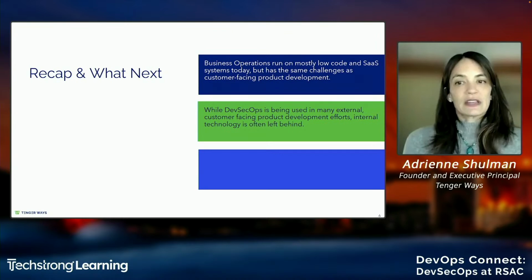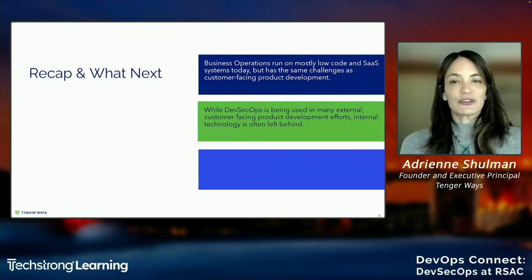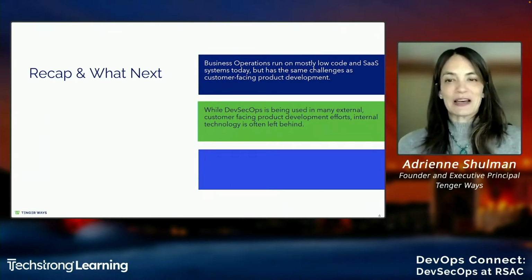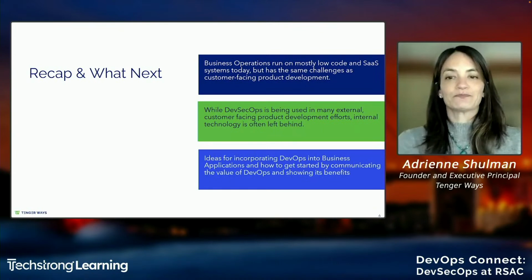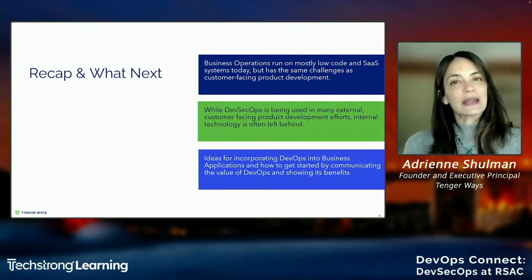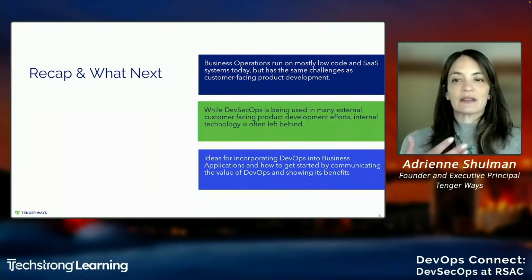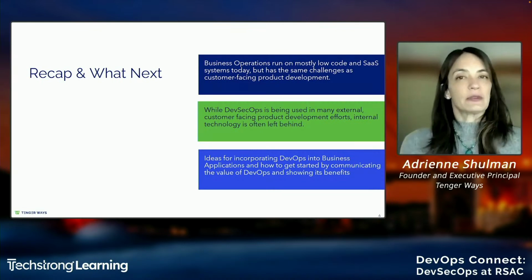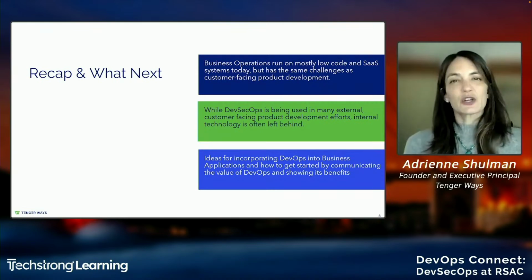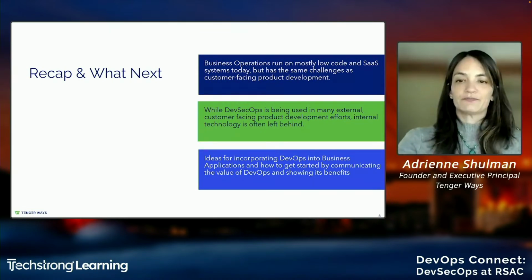And while we've introduced DevSecOps in a lot of our external custom software development pipelines, what I've seen is many of our internal technology is lagging and it hasn't been introduced there yet. So I just gave you a few ideas for how you might start incorporating DevOps into your business applications environment and how to get started, not by asking for budget and saying you're going to be doing a big transformation, but just talking about the benefits and starting small.